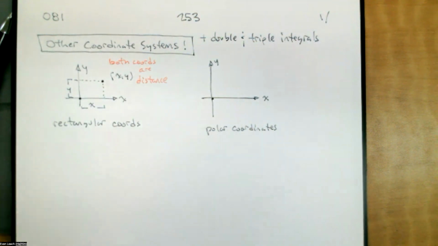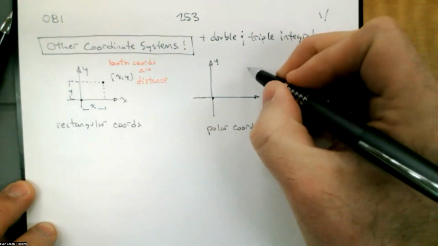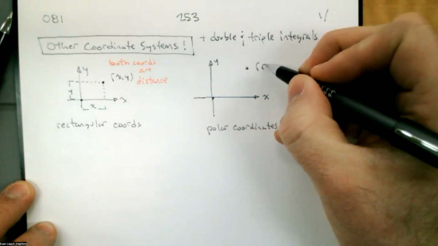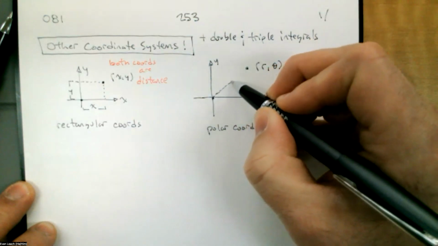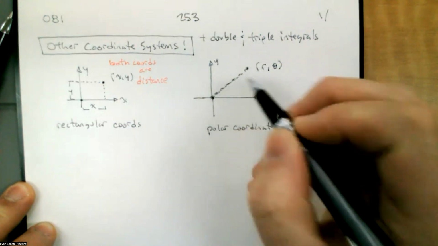So if we have a point out here in two-dimensional space, we'll say that the coordinates of this point are r and theta. R is the distance from the point to our pole.